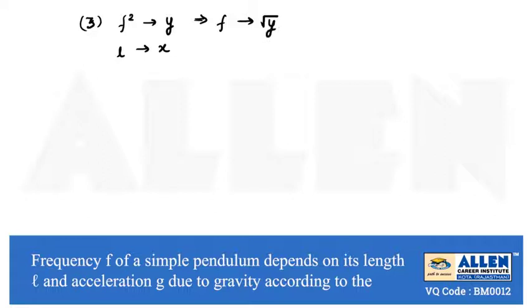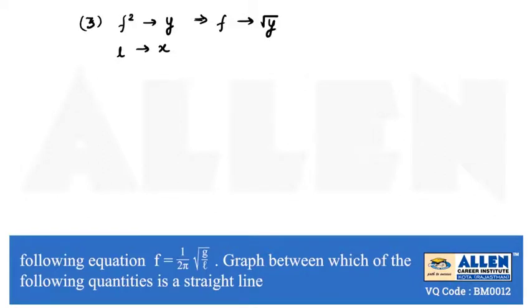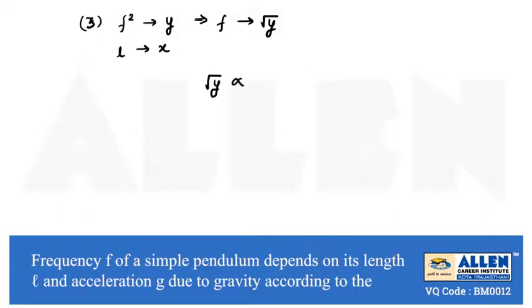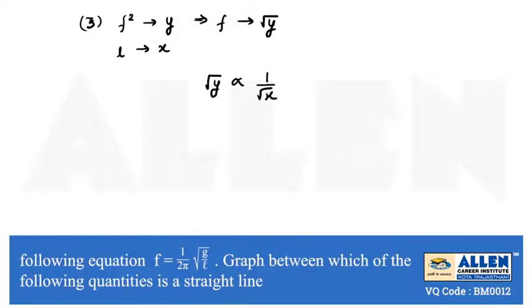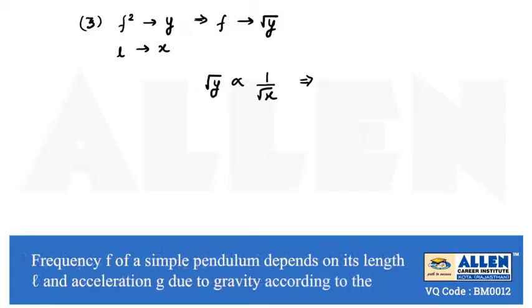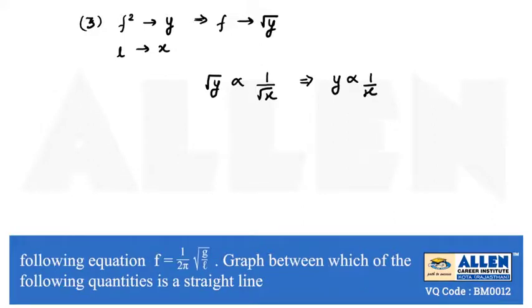So in our relation, f inversely proportional to root L, f can be replaced with root y, and L can be represented with x. So the relation comes out to be root y inversely proportional to root x, or it can be written as y inversely proportional to x. Again it is an equation of a rectangular hyperbola.